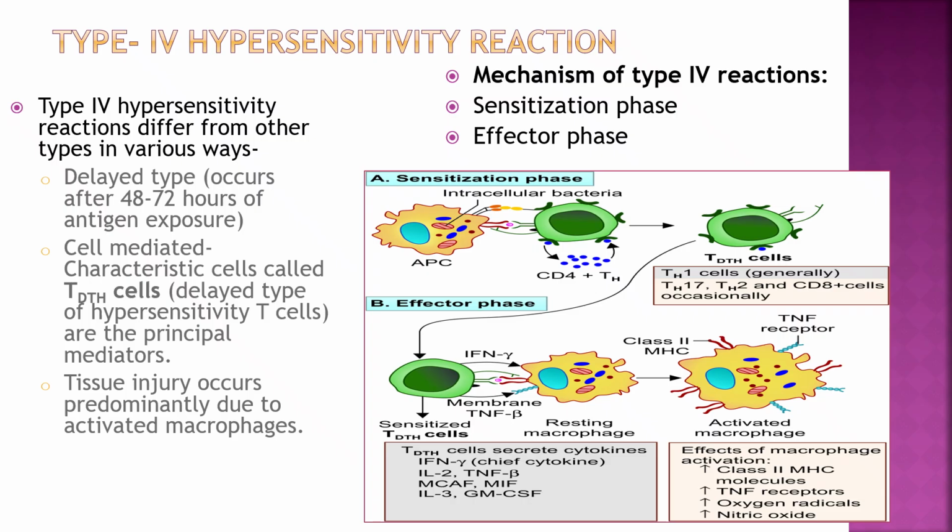Then in the effector phase, these sensitized TDTH cells produce interferon alpha and tumor necrosis factor beta, and resting macrophages get activated. The sensitized TDTH cells secrete cytokines: interferon alpha, interleukin 2, TNF beta, then interleukin 3. These activated macrophages cause activation of class 2 MHC molecules, increase tumor necrosis factor receptors, oxygen radicals, and increase nitric oxide.